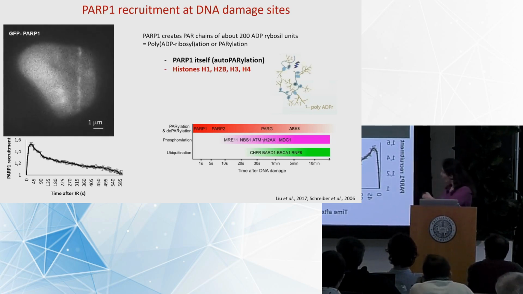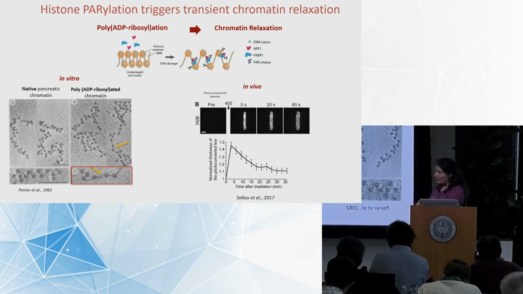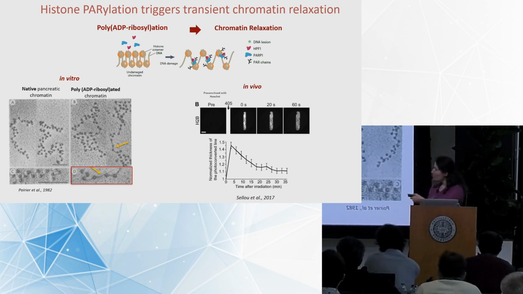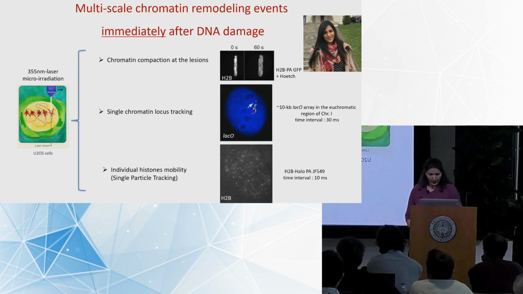allowing the recruitment of other repair factors. So let's focus on this very early event. What does PARP1 do exactly to histones? It has been shown that histone PARylation triggers transient chromatin relaxation. In fact, in vitro, we can really see that histones are less spaced. And in vivo, it has been shown that chromatin decondenses due to PARP1 PARylation.